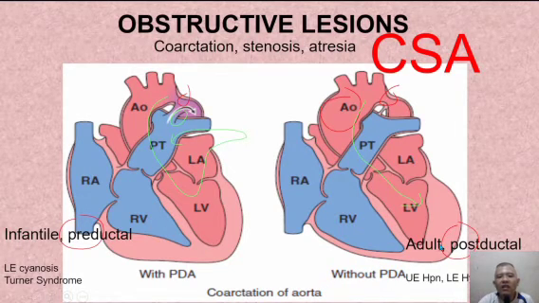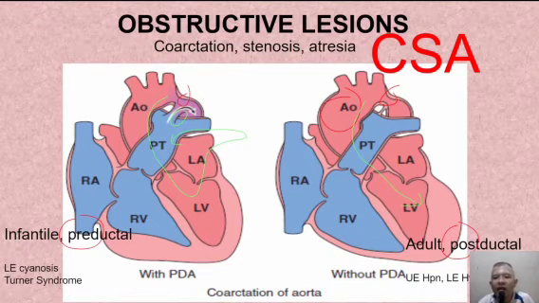The preductal type, by the way, has a PDA, the patent ductus arteriosus. Take note that the flow of the PDA here is from right to left. In the isolated PDA, it's left to right, but in this type of PDA, it is right to left.